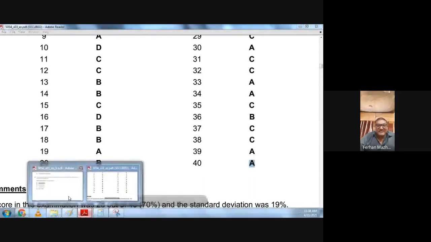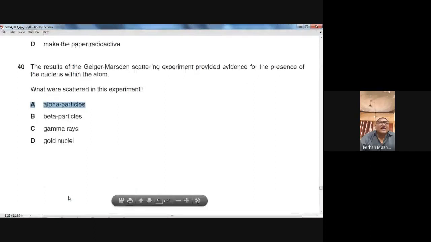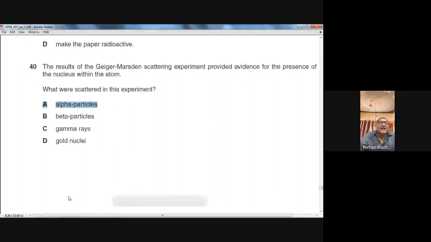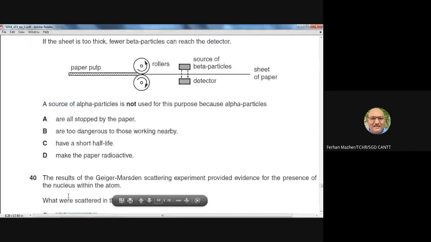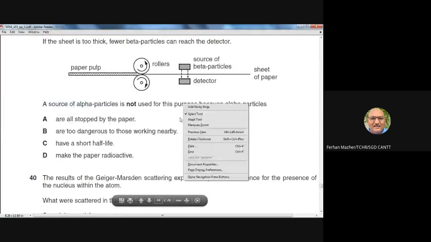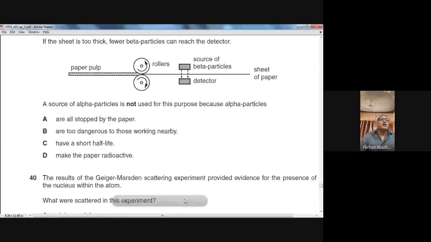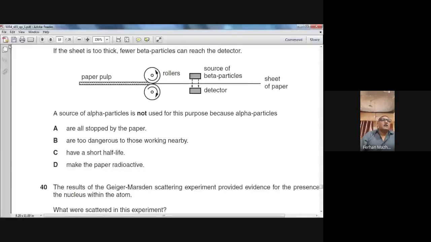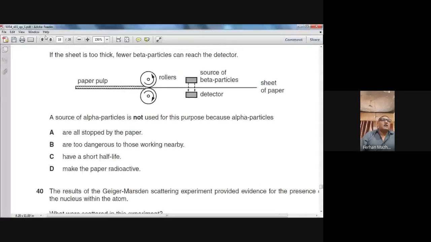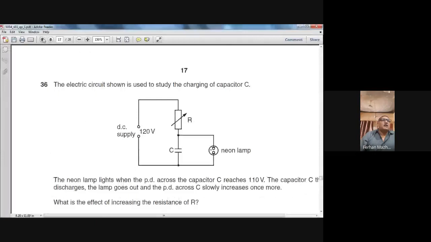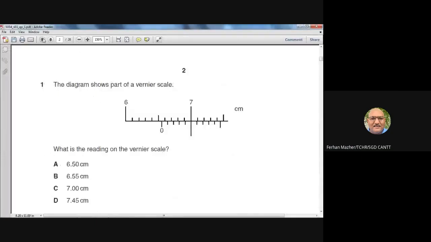So, my dear students, we have reached the end. Let me come back to the first page so I can show you.